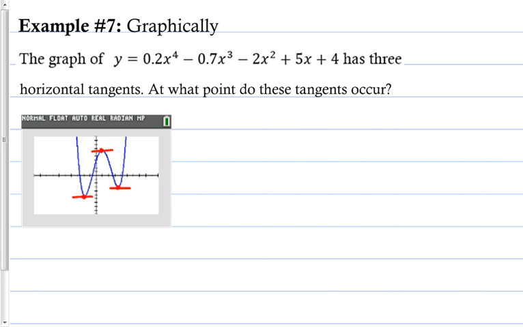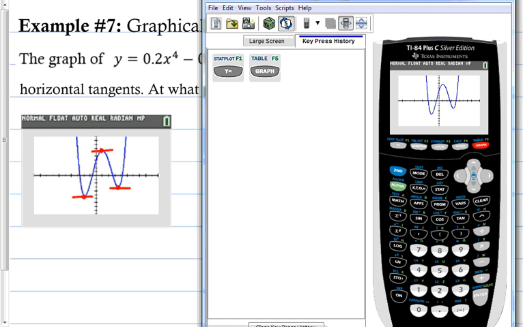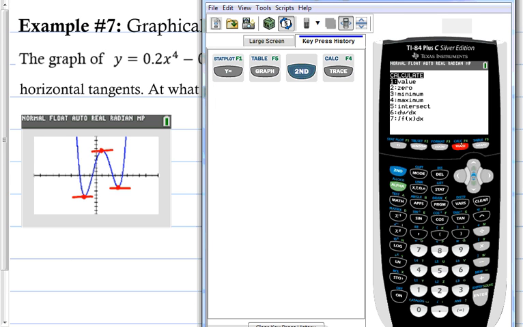Now one way to do it is with your calculator: you go to second calc. See where it says minimum, maximum? You can find it that way. You probably learned it last year in pre-calc.